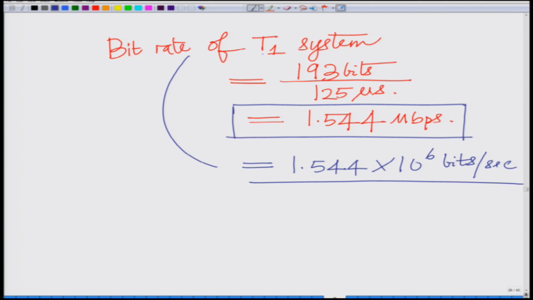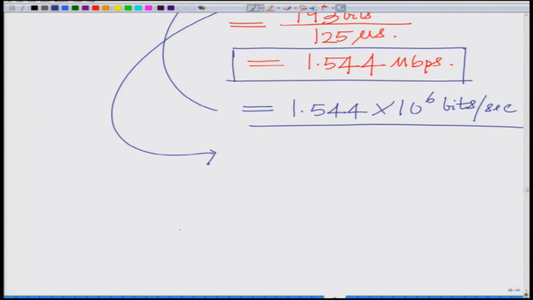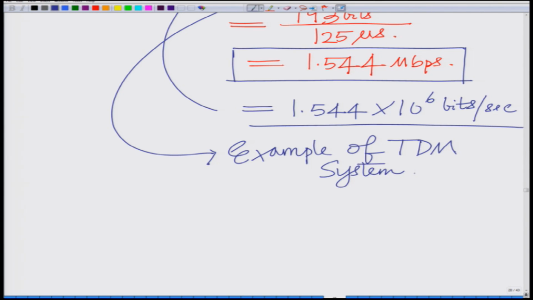Okay, and the T1 system is a classic example of a time division multiplex system. What we have seen in this module is some important aspects of the TDM system, that is, what are the bandwidth requirements of a TDM system.